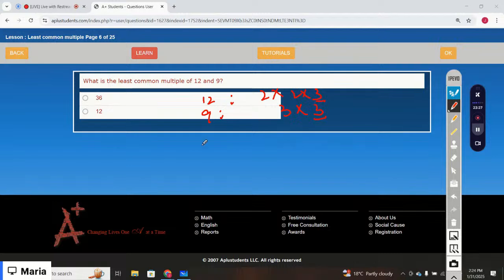So the common multiple is 3. The non-common multiples are 2 times 3. They all are the non-common multiples.